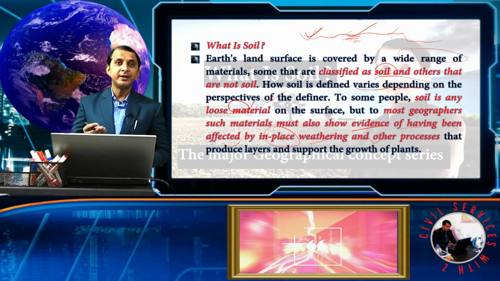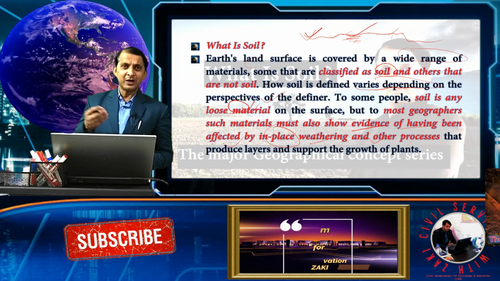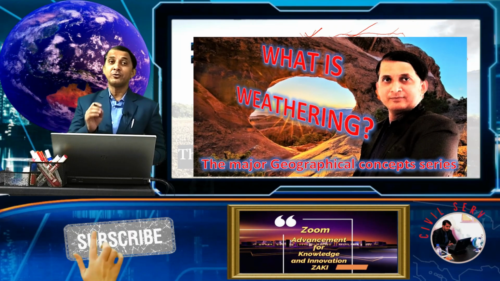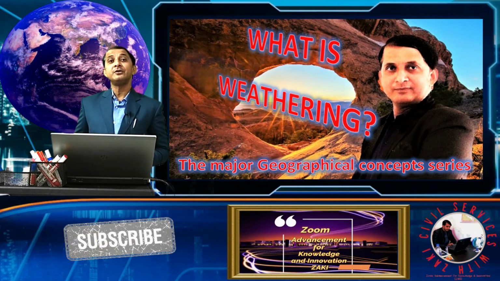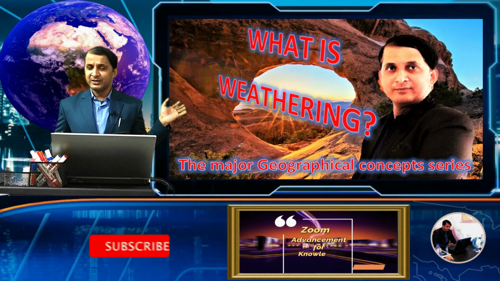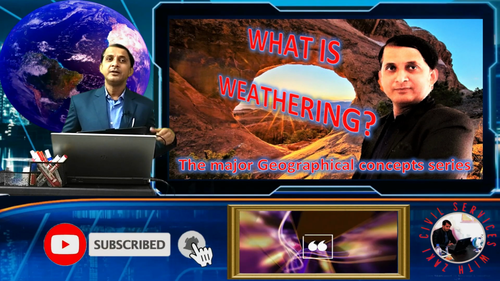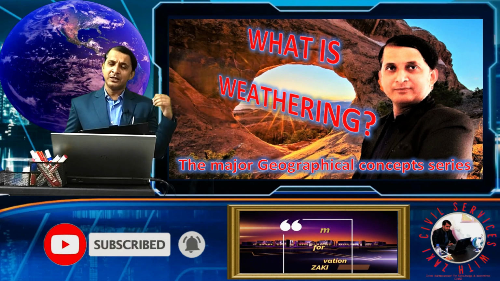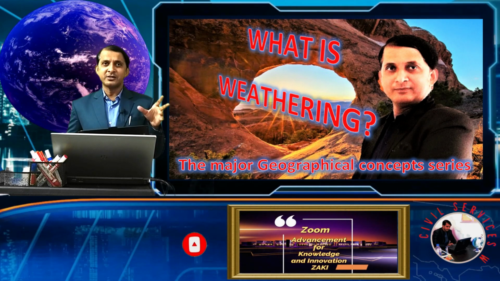What is weathering, and what are these processes? If you want to know more about that, then see my previous videos on various topics like weathering and all that. You can watch all the videos in the geographical concept series.